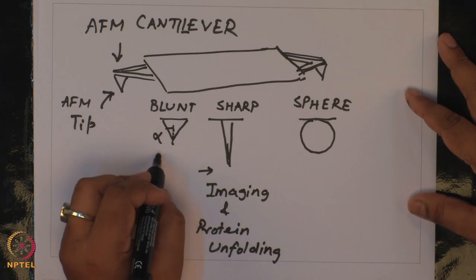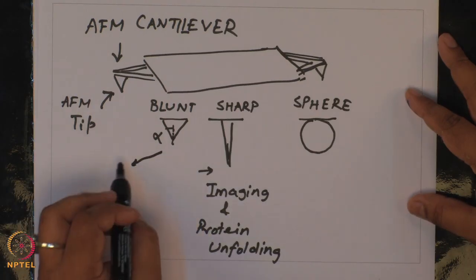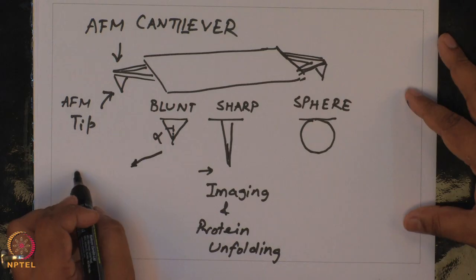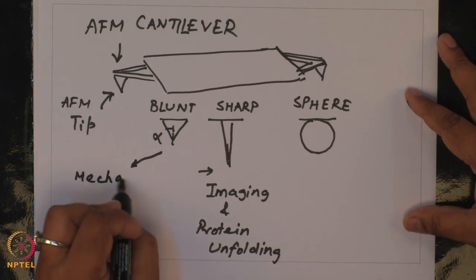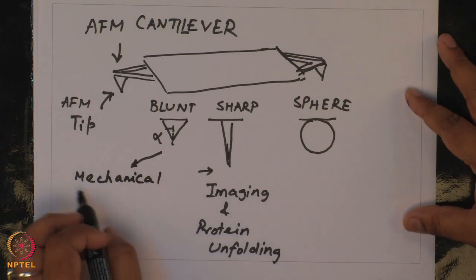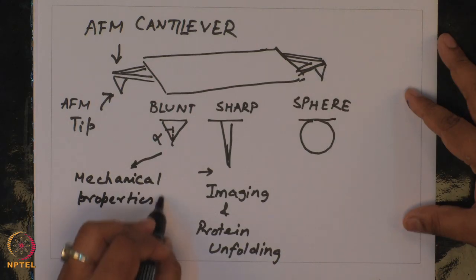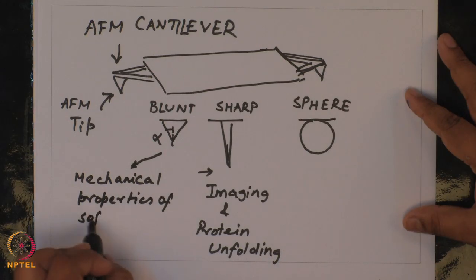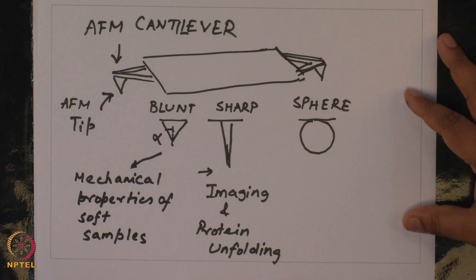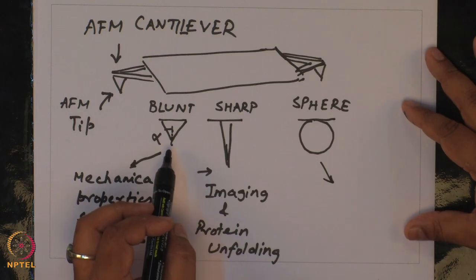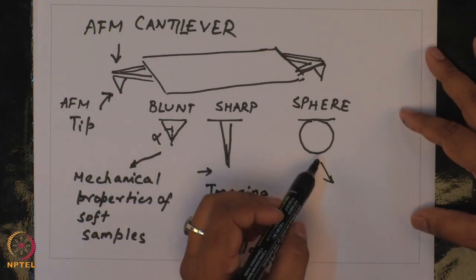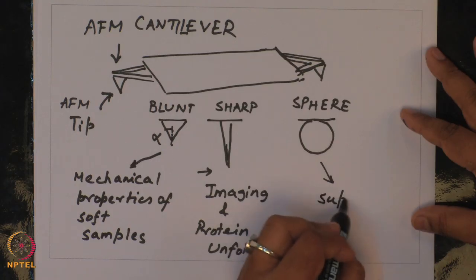This blunt tip is used exhaustively for probing mechanical properties of cells and tissues, soft samples. While in comparison to the blunt tip, the sphere is preferred for super soft samples.